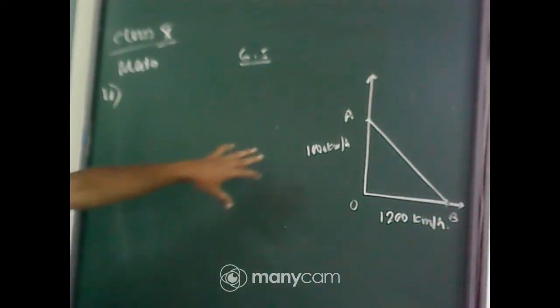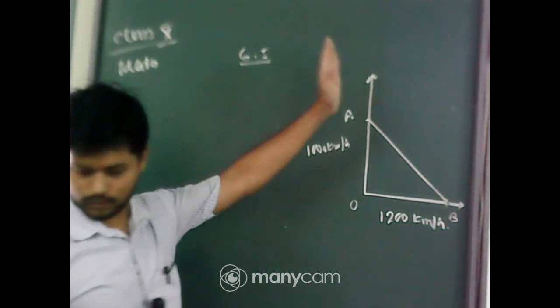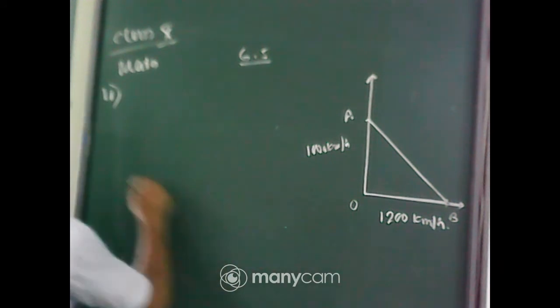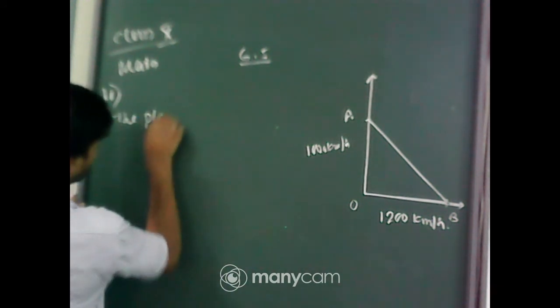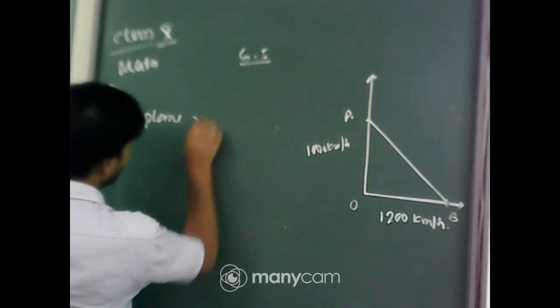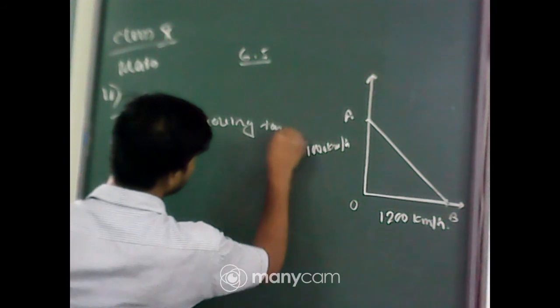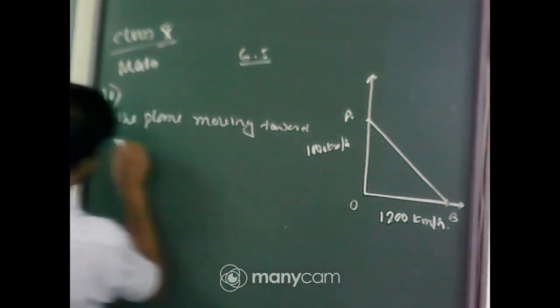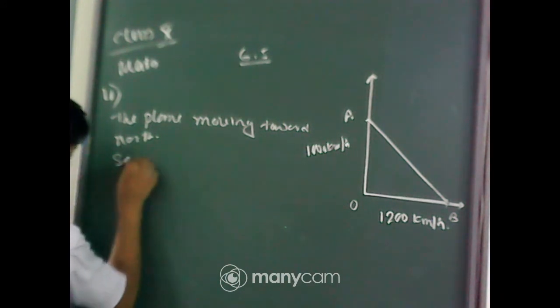Okay, now consider the plane moving towards north. What is the speed?